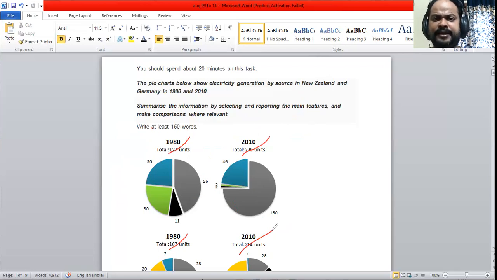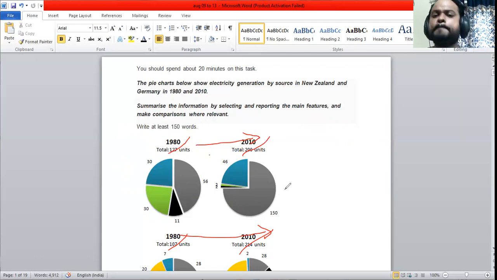And one more significant thing that we can see is that even though there is an increase in the units of energy consumed, the energy consumption was more in Germany than in New Zealand in the later year. So that is something very significant.